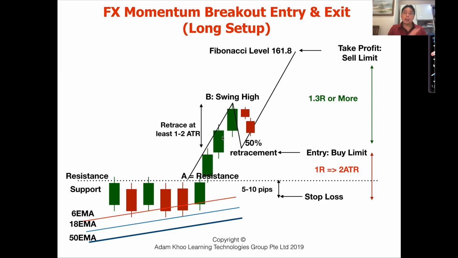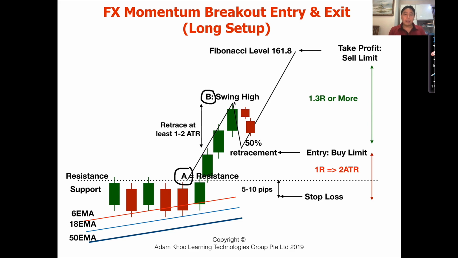Now, as the price moves up, we are waiting for it to hit a high and then start coming back down. We are waiting for it to retrace, to enter on the retracement. Now, how much retracement do we wait for before we buy? Well, first of all, we identify the top of this move as B. So B is our swing high, okay?